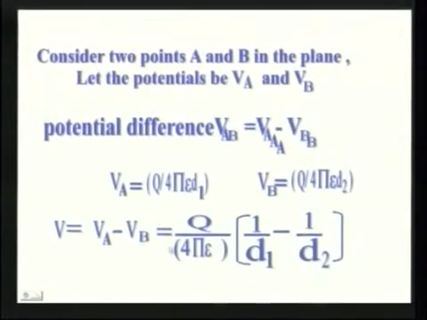VA equal to q by 4 pi epsilon d1, VB equal to q by 4 pi epsilon d2. So VA minus VB equal to, if you take out q by 4 pi epsilon as common, that into 1 by d1 minus 1 by d2.